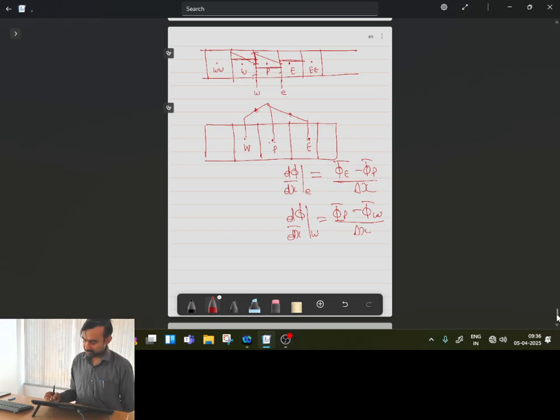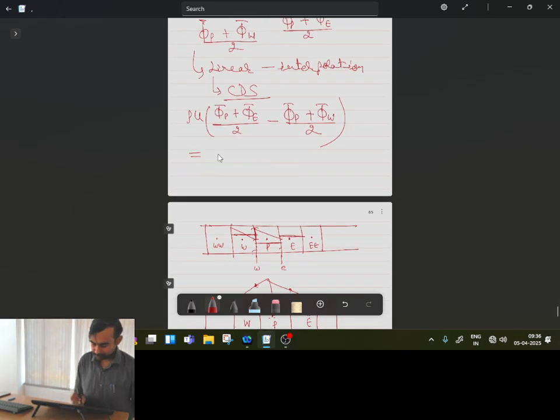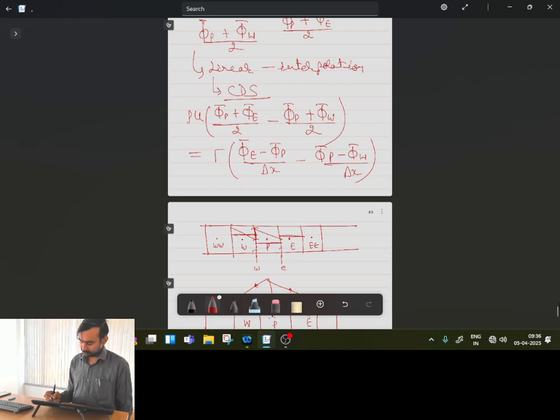So now let's substitute it back. Gamma times, what I will be getting? Okay, so this gamma, this delta x is also again a constant, it can be taken outside. Okay, and 2 also I can take outside easily from the first term.